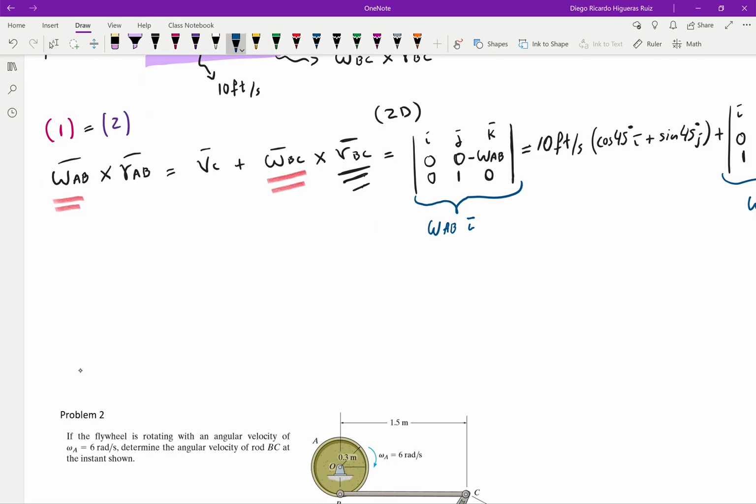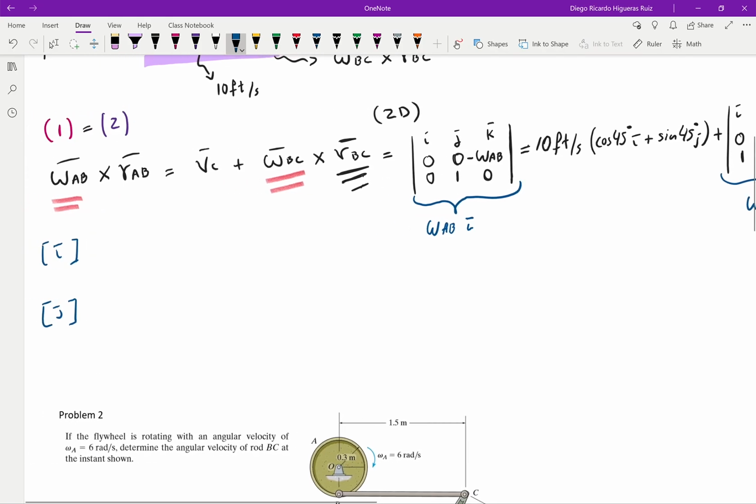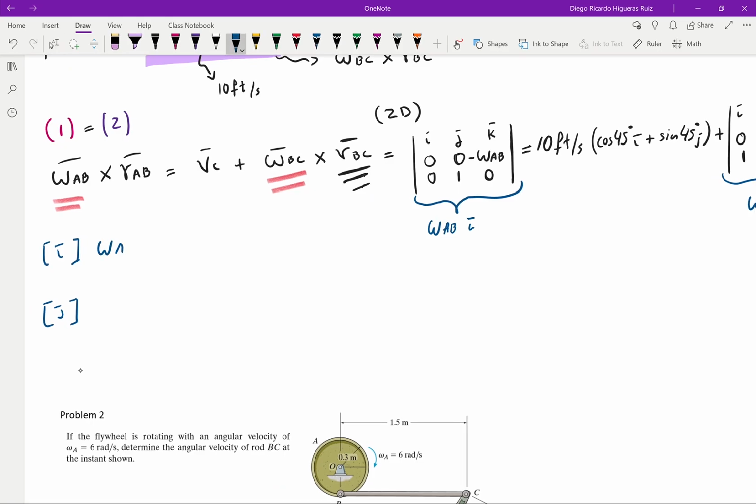Like I said, I'm gonna decompose in the I or X and in the J or Y. So omega AB equals 10 feet per second cosine of 45, and omega BC equals 10 feet per second sine 45 degrees.